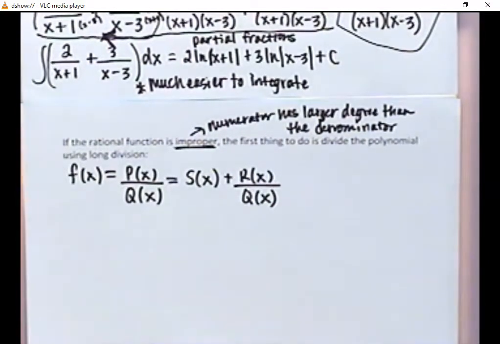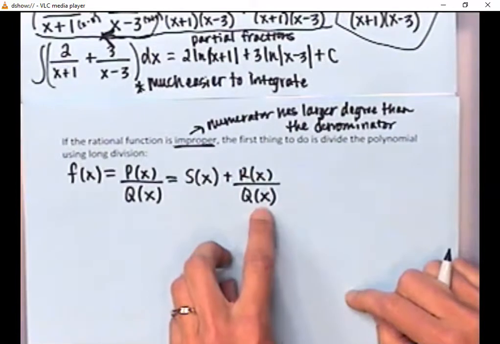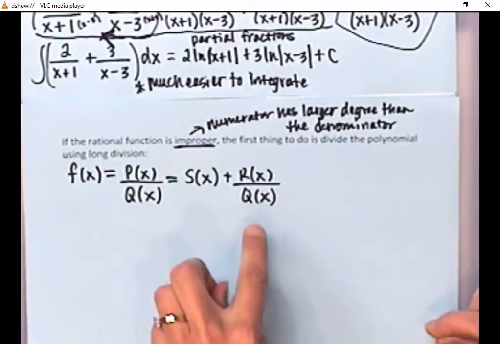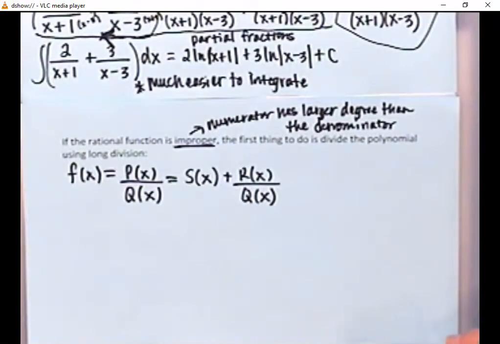So you'll want to divide it to get some sort of polynomial, and then the remainder you'll rewrite in fraction form, and that may be something you could integrate, or maybe you'd have to break it down, but you would want to put it into that form. Okay, so that's the first step. Always check if it's improper. If it is, start with that.